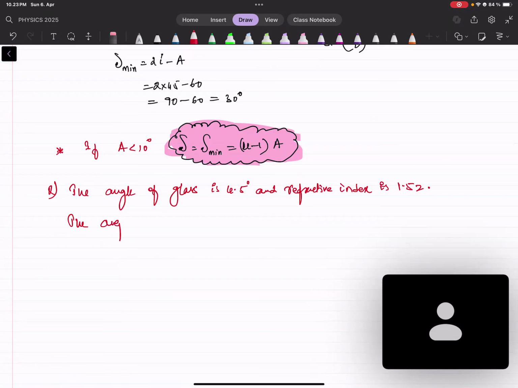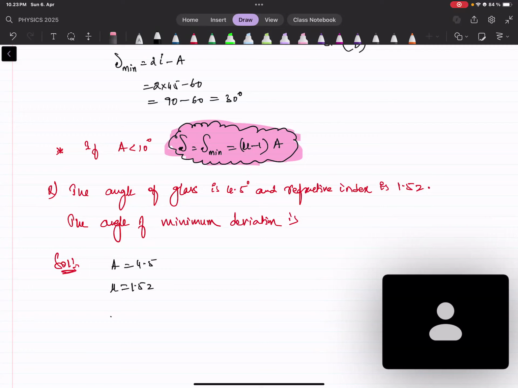The angle of minimum deviation is? Chalo, try to do it faster. Angle of glass prism means A. A is equal to 4.5, mu is equal to 1.52.